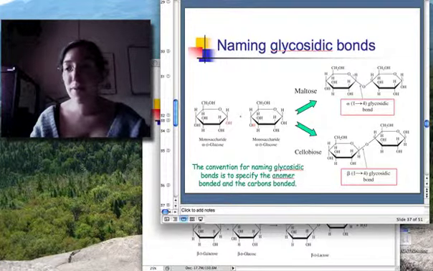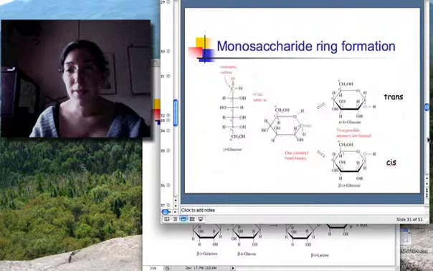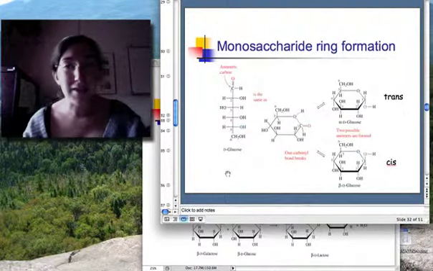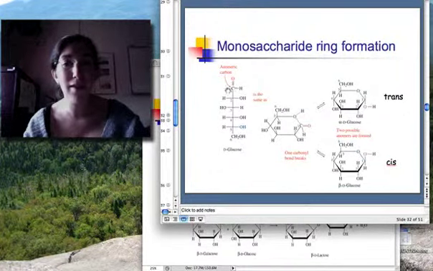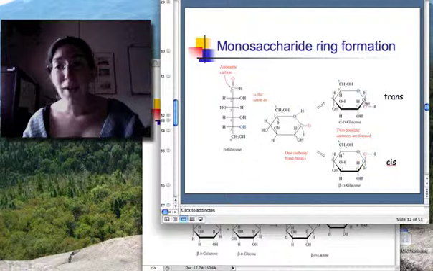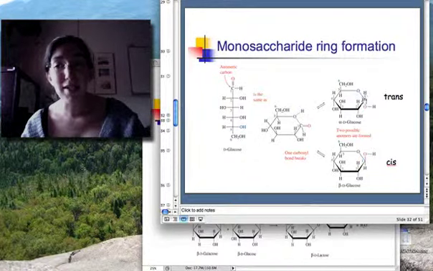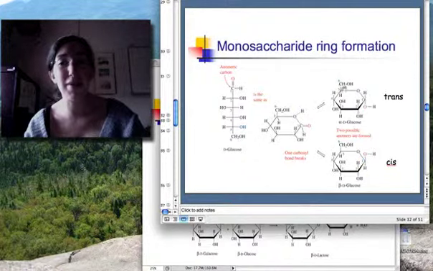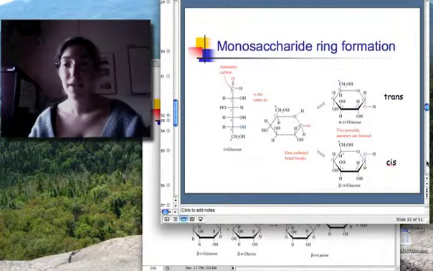So remember in previous slides, here we go. This is a good one. We number the carbons in a sugar, okay? 1, 2, 3, 4, 5, 6 in a Fischer projection this way. In the ring, 1 is the anomeric carbon here, and 6 is the one that's sticking up at the end. So it goes 1, 2, 3, 4, 5, 6. Okay?